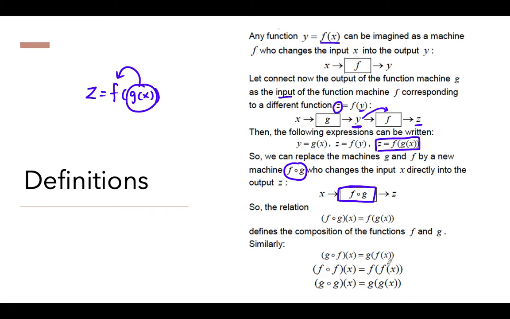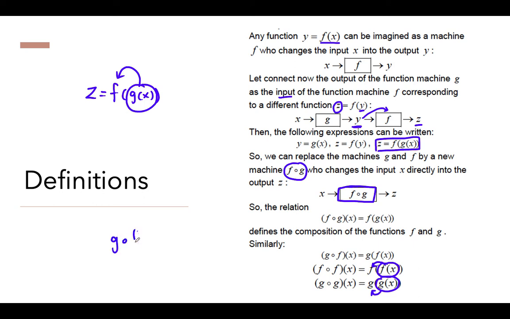Same idea: you can have a function f of x going into the same function f, or g of x going into the same function g. So please be careful.